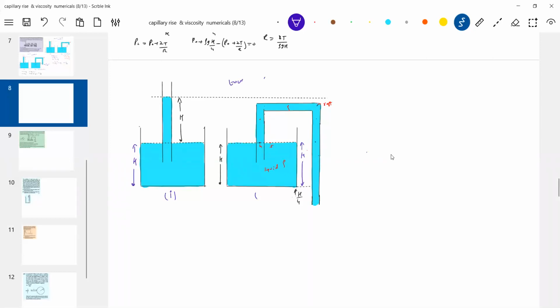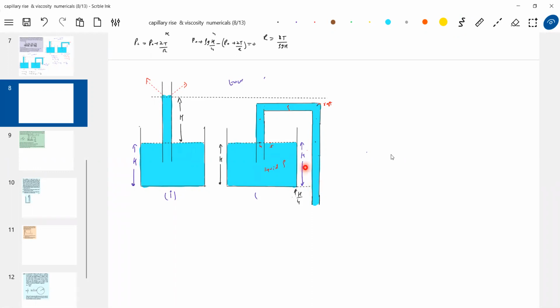So here is the concept. Who will balance the weight of the liquid column? The force due to surface tension. How much length of liquid column can it balance? Rho H length. Similarly, the same thing here also. If the pipe were only till here, it would have balanced.